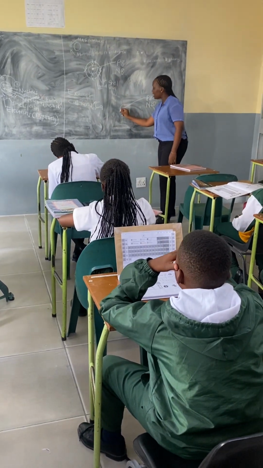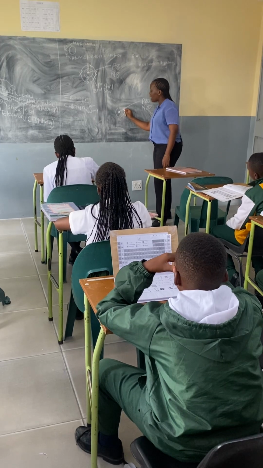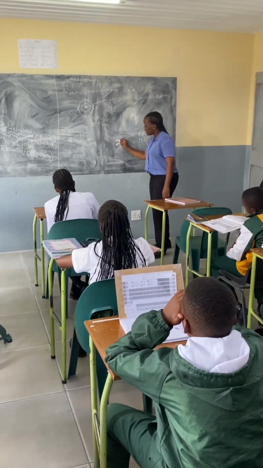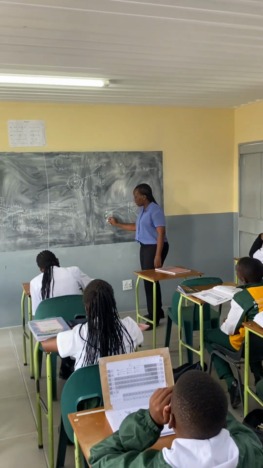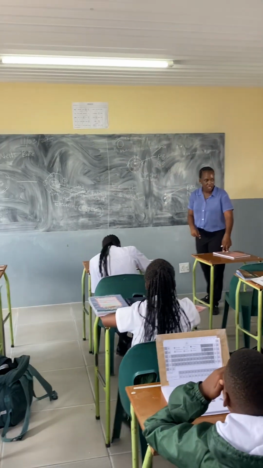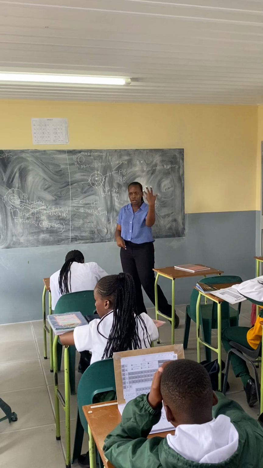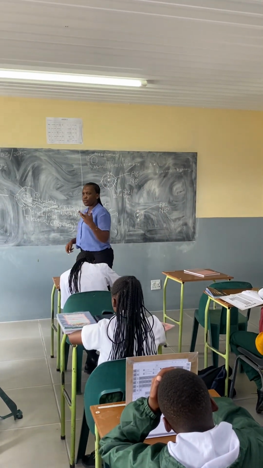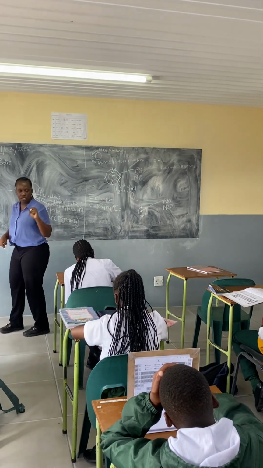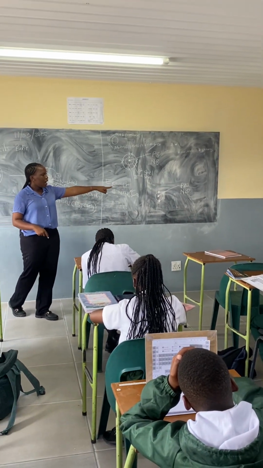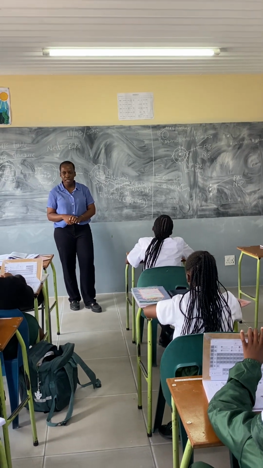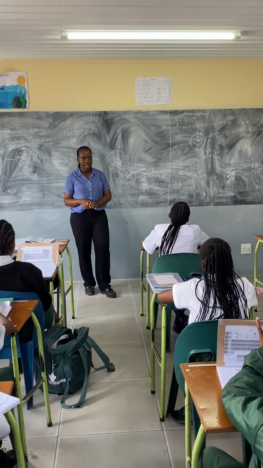And the first shell is only supposed to be occupied by how many electrons? 2. So you draw your 2 electrons there, 1, 2. If we only draw 2 electrons from that proton number, how many more electrons should we draw? 18 more.